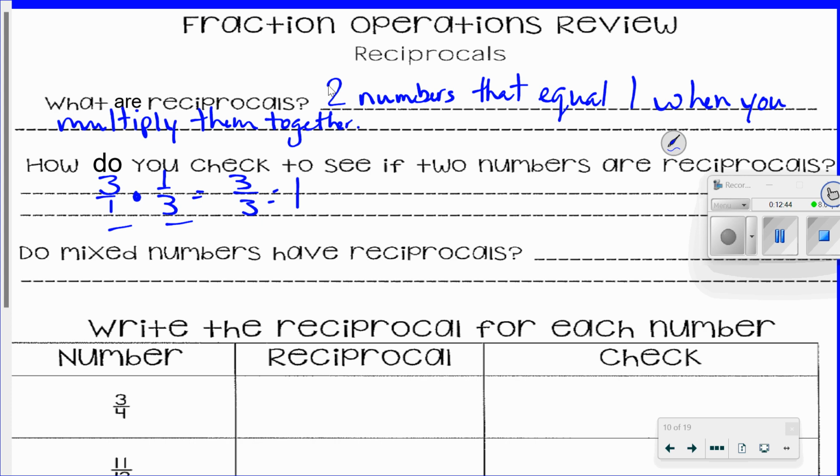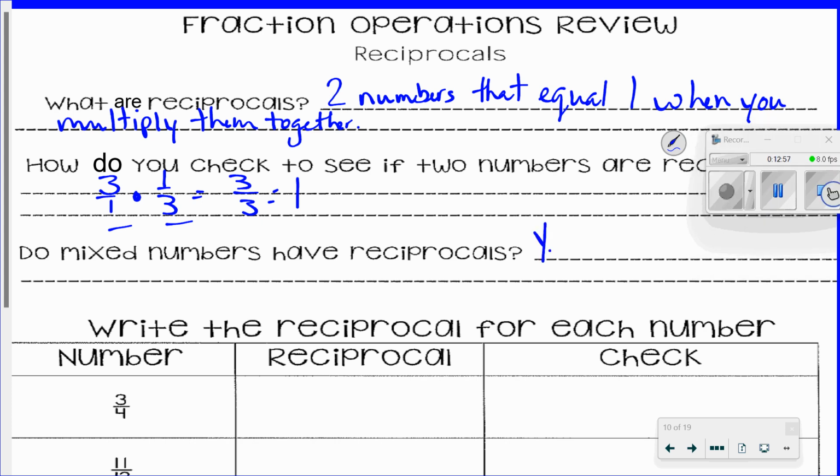Do mixed numbers have reciprocals? Yes, they do. The key is I need to slam dunk. I need to make them improper fractions first. So yes, they do, but you need to make them improper fractions first.